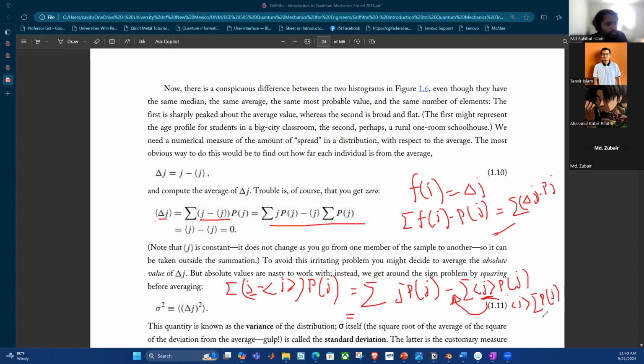And we know the summation of probability for all possible cases should be 1. So the average of j multiplied by 1 is the average of j, which we have seen is the average for j. And if you subtract that, you'll get 0.